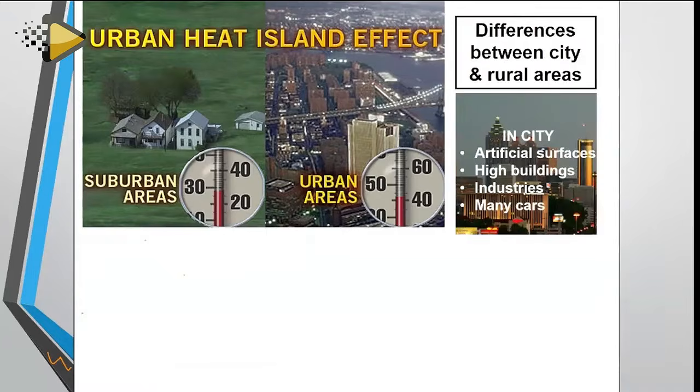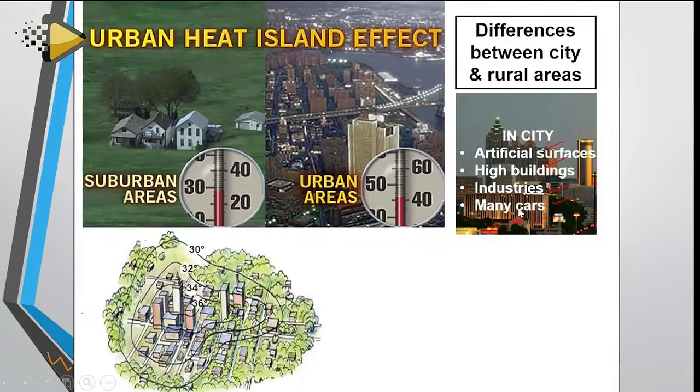Number one, artificial surfaces that absorb heat, high buildings that result in multiple reflection of heat from one building to another, industrial activities, many cars that produce pollution that absorbs heat. So those are the factors why cities are warmer.